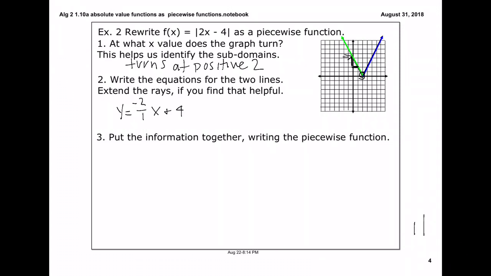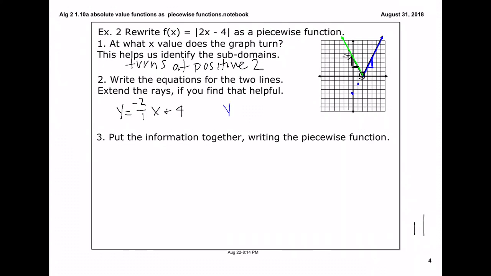Looking at my blue line, it's a little bit difficult for me to see where it crosses the y-axis, but I can take a look at my slope first. It rises 2 and goes over 1, so I can then do the opposite of that and mark on my y-axis what my y-intercept would be.